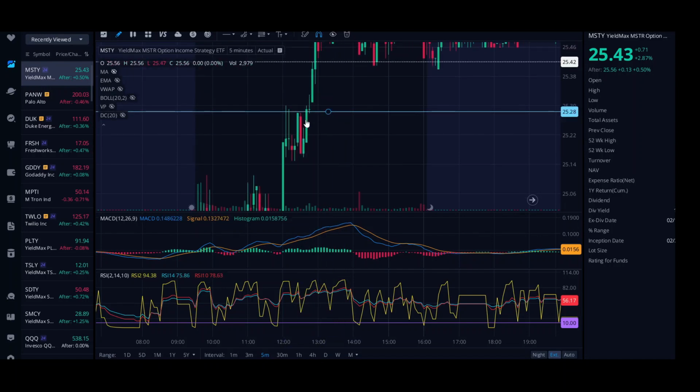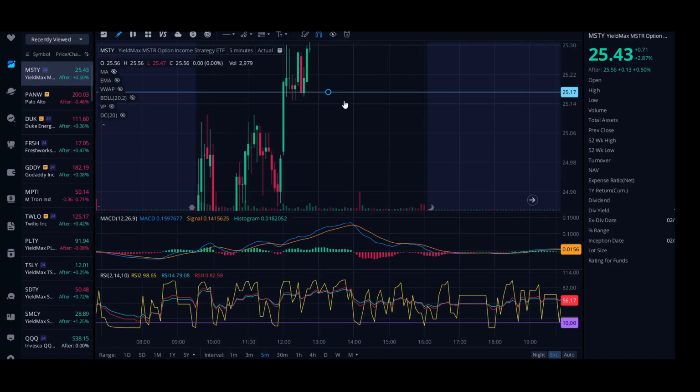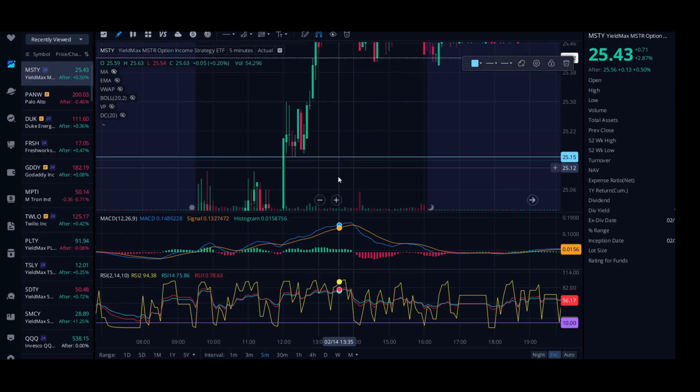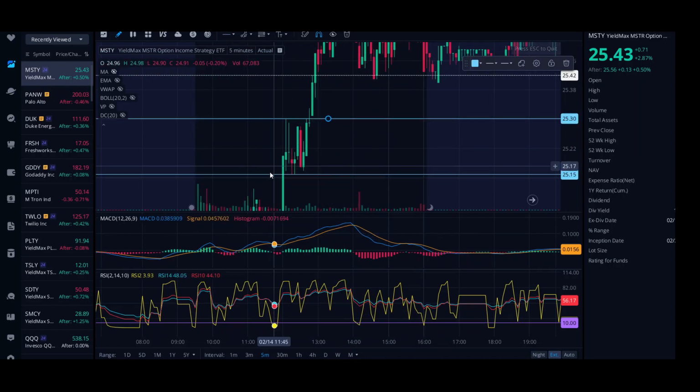So that's a resistance when it's trying to go up and it can't get past it. And then if it comes back down, it just kind of falls back down, right? Because it could not break that resistance. We can even use this same little area, we can draw two lines here and just say there's your support and resistance for this little bitty time frame.